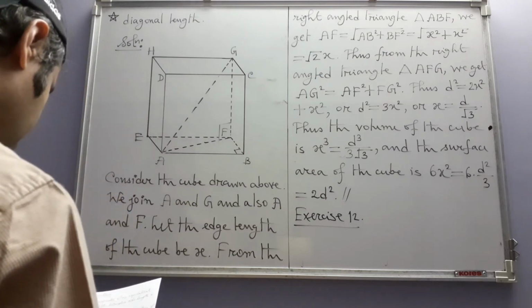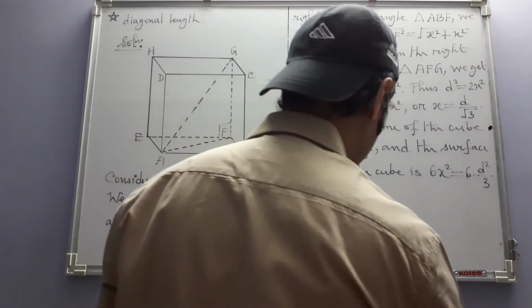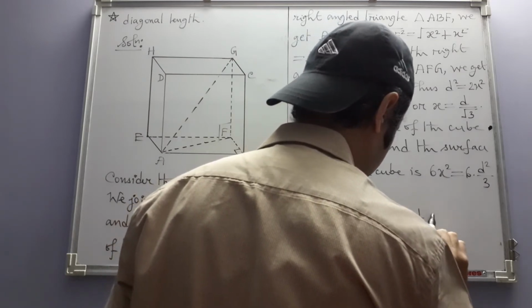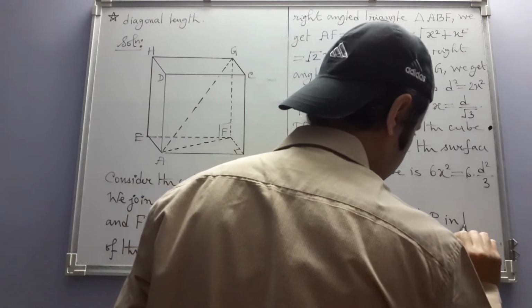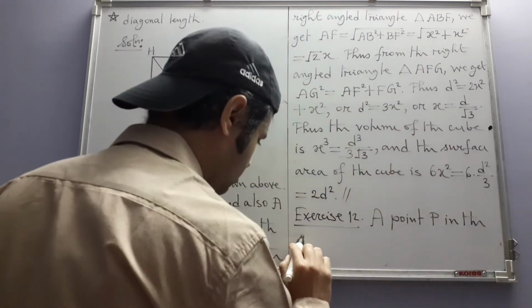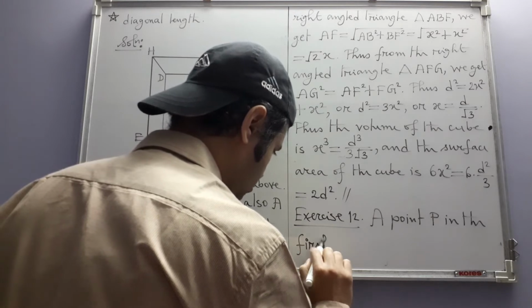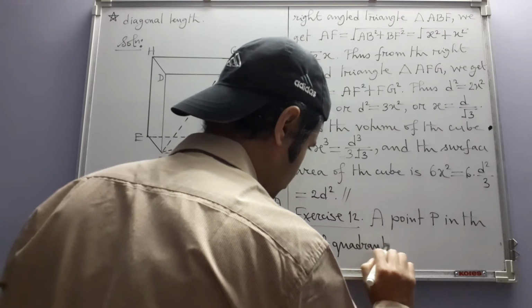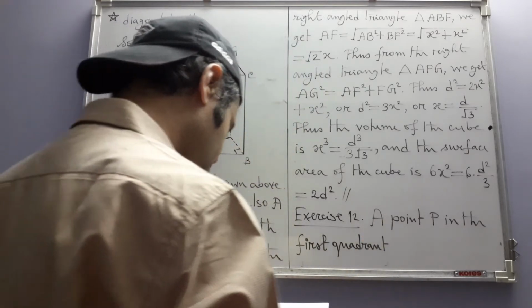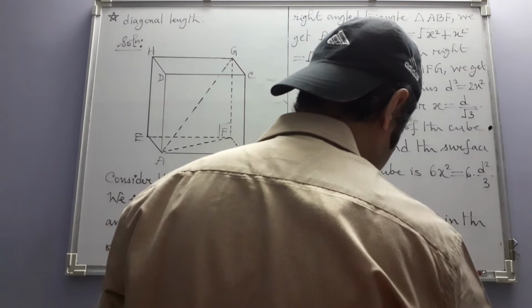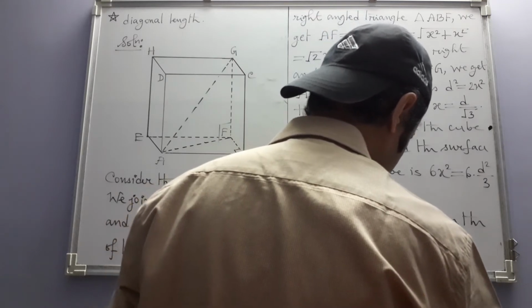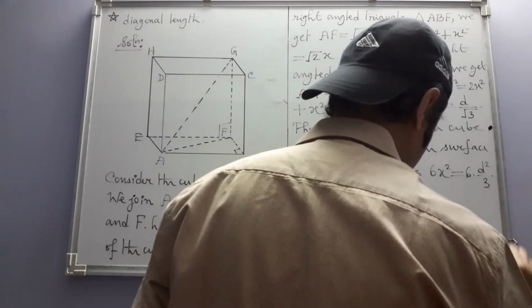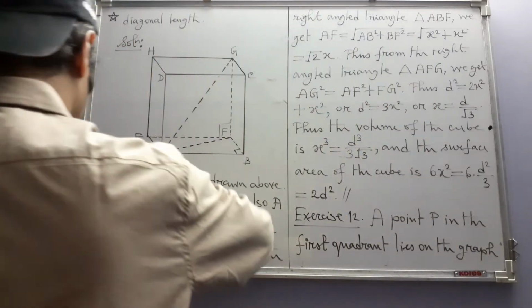A point P in the first quadrant lies on the graph of this function.